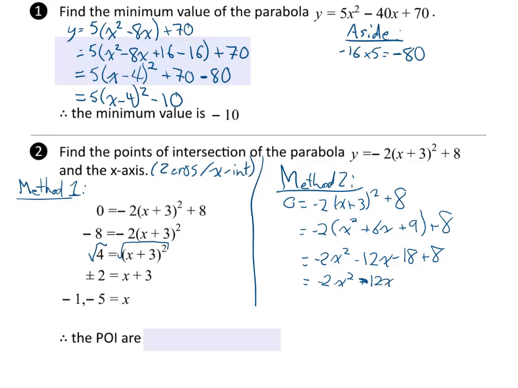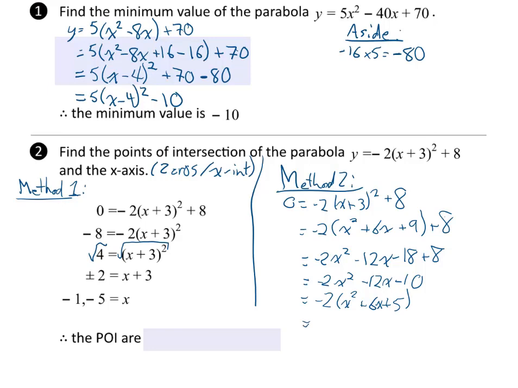Oops, that should be minus 12x minus 10. All right, then you take out a factor of negative 2, x squared plus 6x plus 5, don't forget your x.